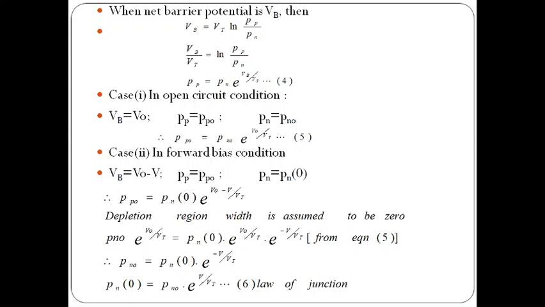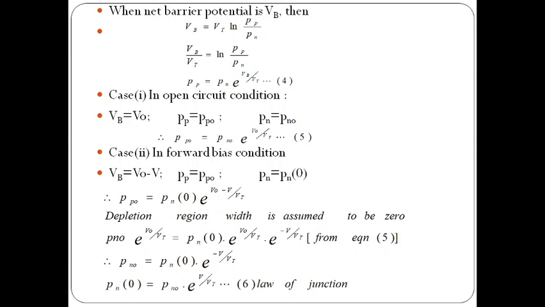Similarly for electrons, Vb equals Vt into ln Nn by Np. Either way, we are considering the whole diffusion current at x equals 0. So Vb by Vt equals ln Pp by Pn, and from that, Pp, the holes in the P region, equals Pn into e power Vb by Vt. This is equation number 4.